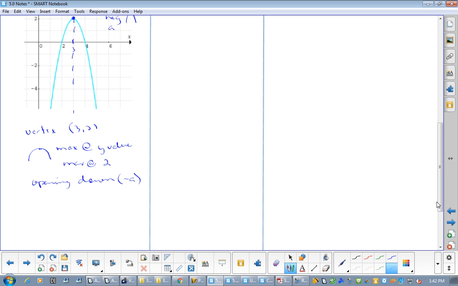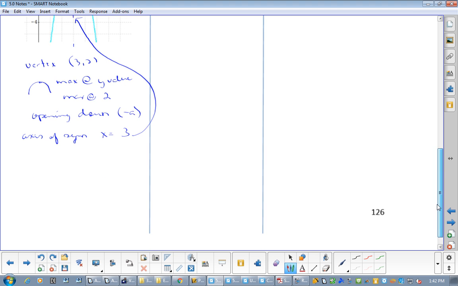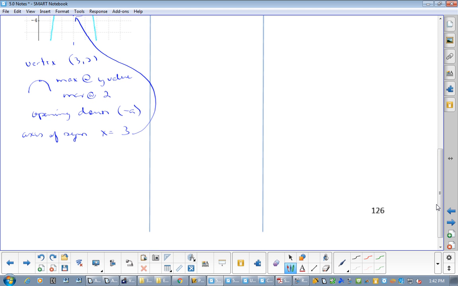Axis of symmetry is what? It's always x equals. What is the x value? 3, right? It cuts it perfectly in half. Opening down. Oh yeah, I must warn you, I have terrible writing. That's probably why you'll have to watch the videos over to figure out what I'm writing down. Okay, axis of symmetry, x equals 3.